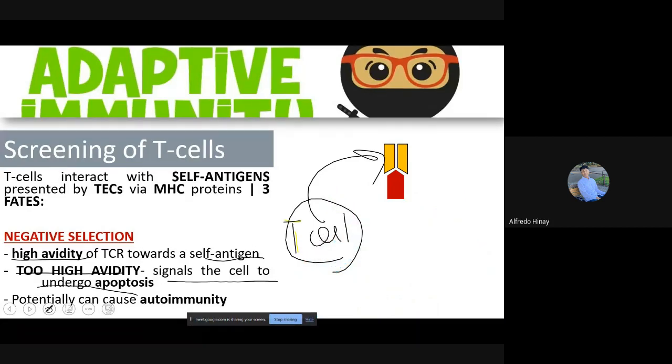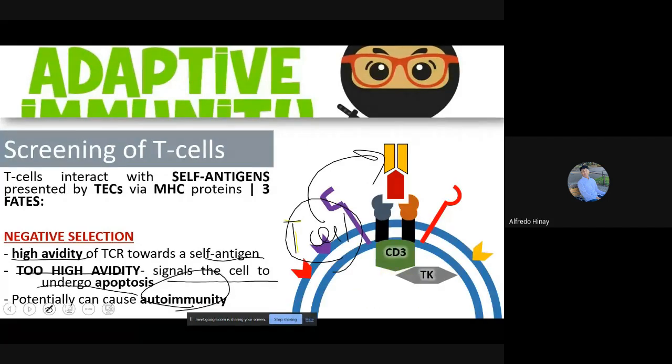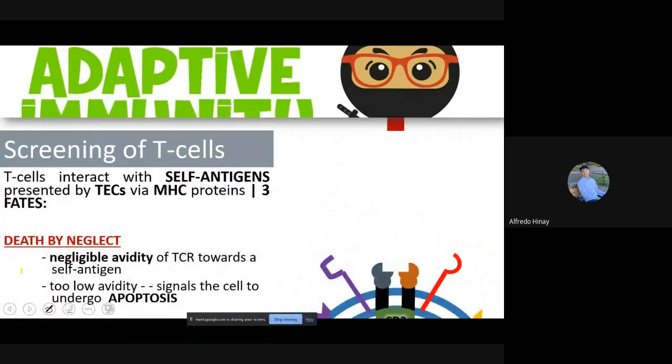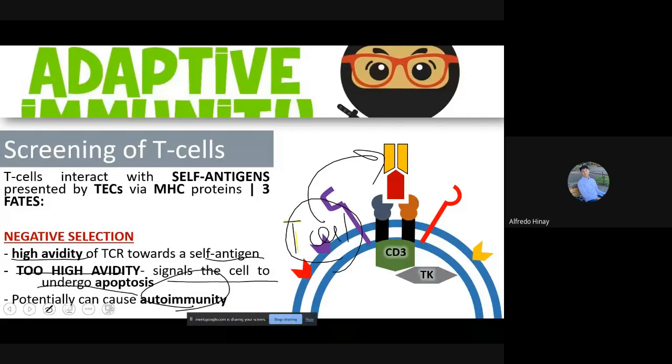Why? Because the thymus will not allow a clingy T-cell to go to your peripheral blood, because it can cause potential autoimmunity. So that should definitely not be allowed. So there are two ways to die: death by neglect, as with too low avidity, and negative selection with high avidity.